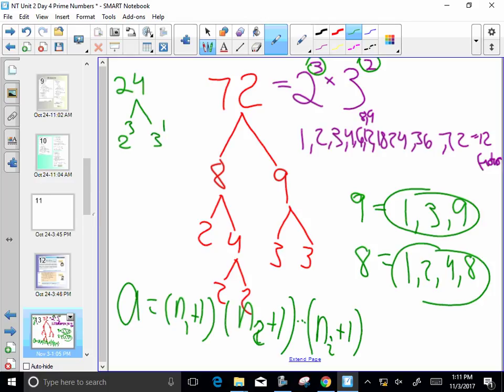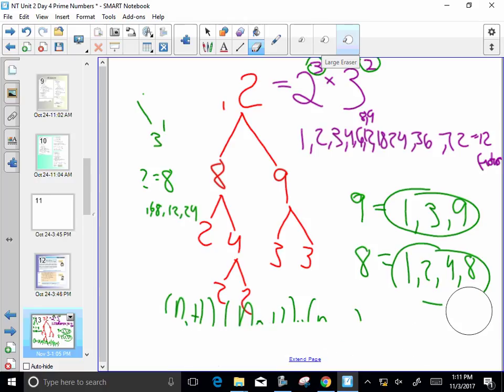So you're just going to go 4 times 2 is 8. Got it. And so this is going to be 1 and 24, 2 and 12, 3 and 8, and 4 and 6, which gives me the 8. Isn't that neat? So there's prime numbers for you. Some cool things going on there.